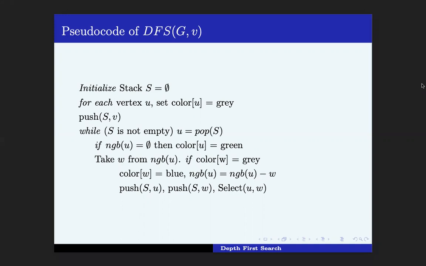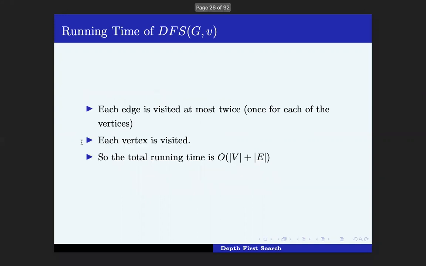Using the stack and the coloring technique, you do the bookkeeping so that you run this DFS algorithm in order V plus E. Every edge is visited twice, so the total running time is order V plus E.